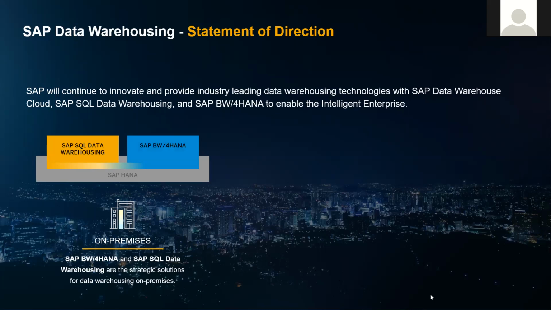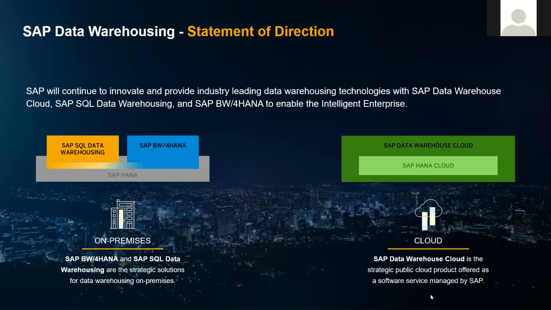Now within BW/4HANA, or side by side to BW/4HANA, there's also the SQL data warehousing approach. We call this a freehand, start-from-scratch type of approach. This is our strategic direction for on-premise data warehousing, and we continuously innovate on these two platforms, the SQL data warehousing approach and the BW/4HANA approach.